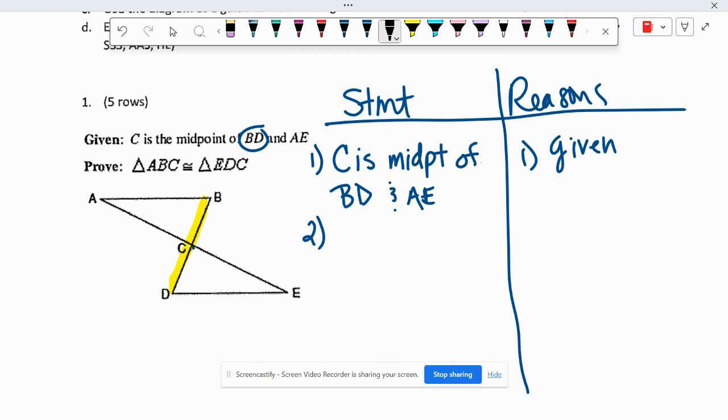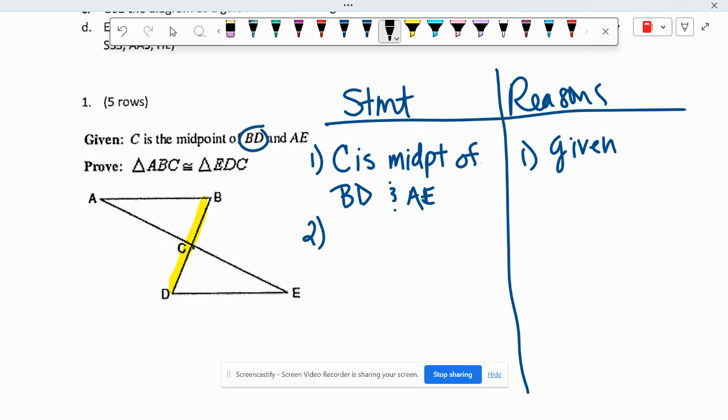So I want everyone to look at the board. I highlighted this segment, and C is the midpoint of it. So what does that do? If C is the middle of that, what is happening to the segment? What is C creating? It's creating two congruent pieces.